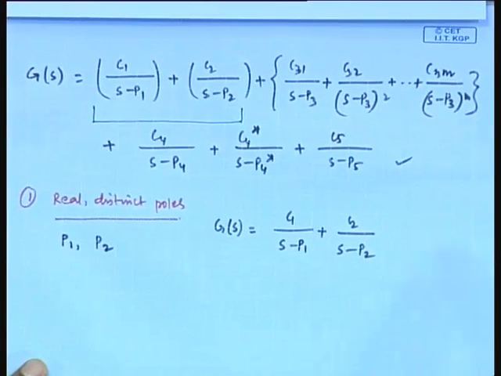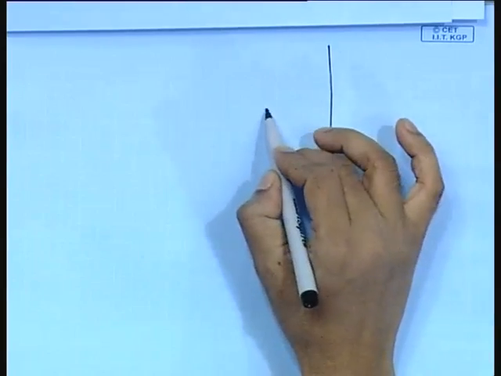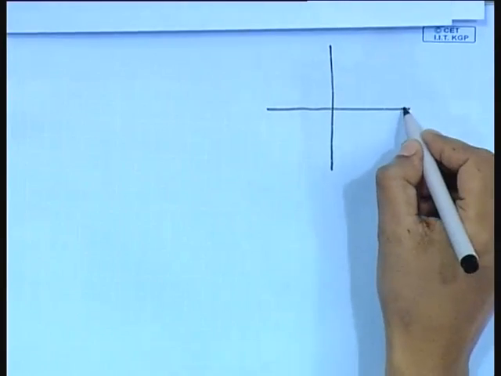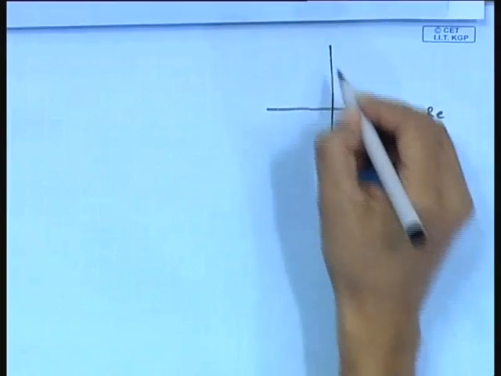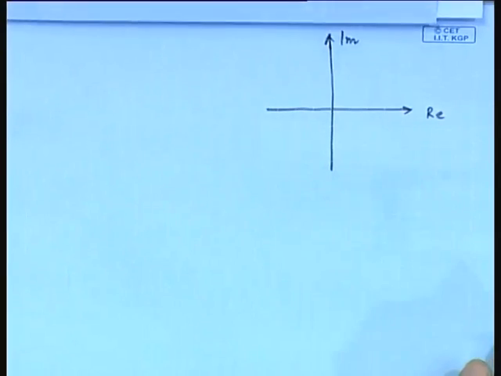I have mentioned another thing, that s is defined in the complex plane by s = a + jb. So, we can represent these two poles in the complex plane in this way. Suppose this is the real axis, this is the imaginary axis.